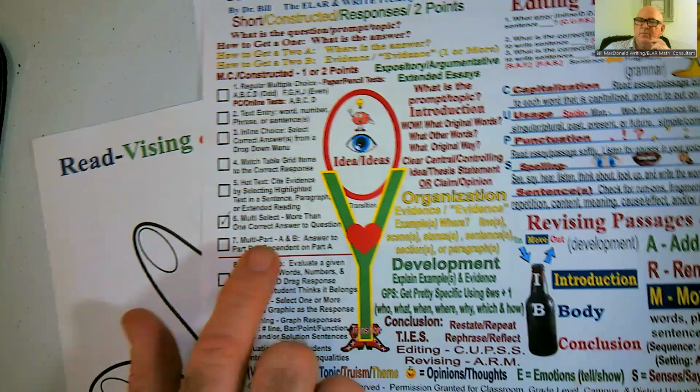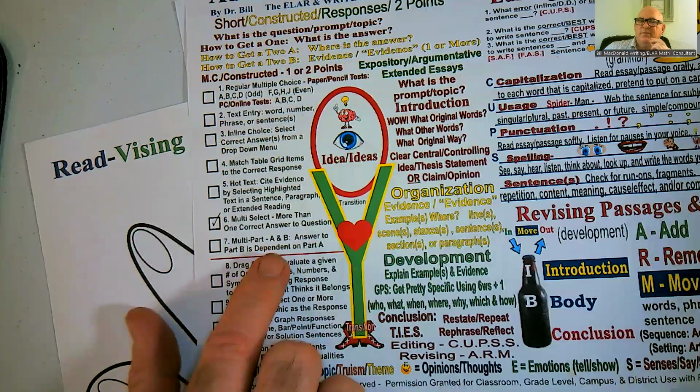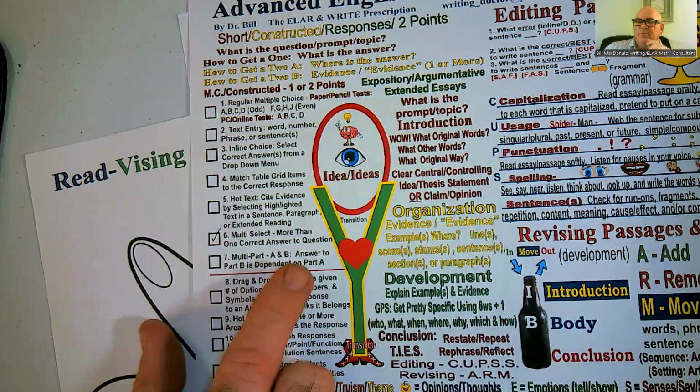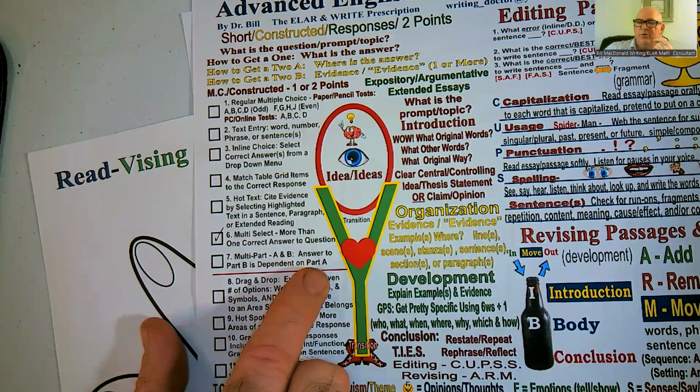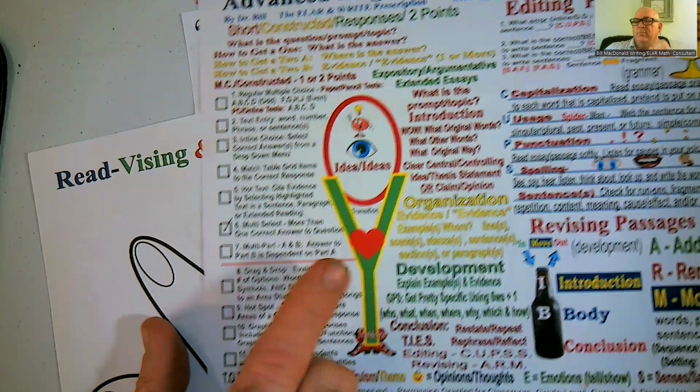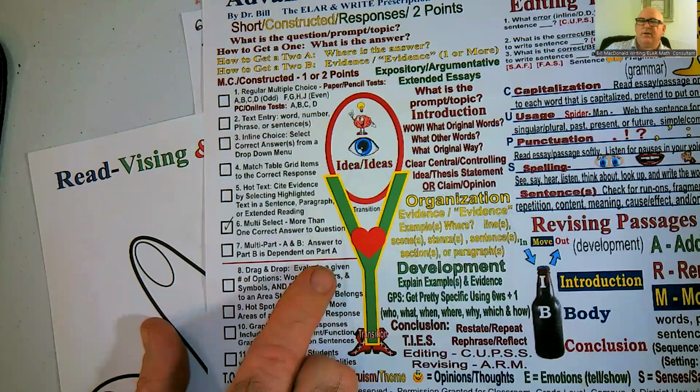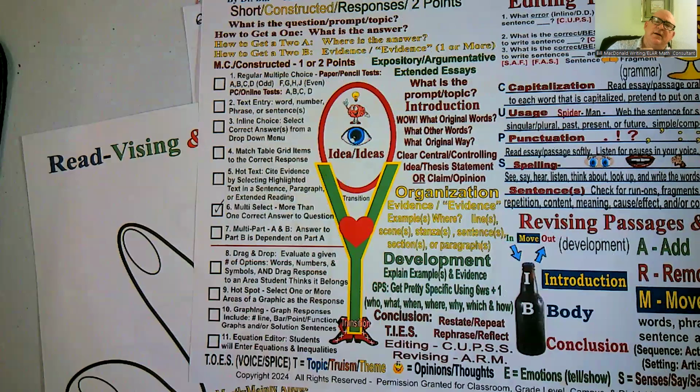That's why it says on my number 7 chart that the answer to part B is totally dependent and reliant on part A being correct in order to get both points. Okay, so that's all I have for you for my summary of last year's 5th grade question.